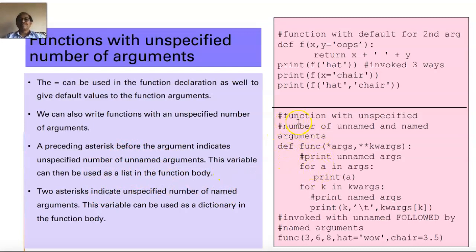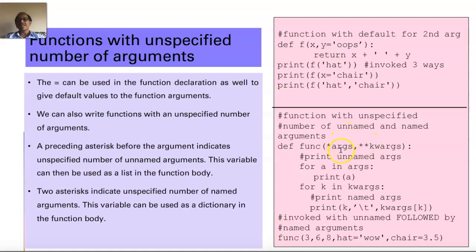What is the program here? def func(*args, **kwargs). args has 1 star, kwargs has 2 stars. That means the first one is an unspecified number of unnamed arguments. The second one is unspecified named arguments.